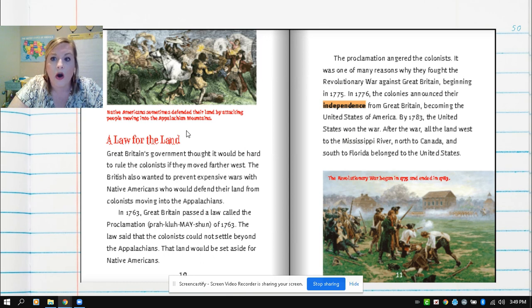After the war, all the land west to the Mississippi River, north to Canada, and south to Florida belonged to the United States. In our captions over here, it says Native Americans sometimes defended their land by attacking people moving into the Appalachian Mountains. And our other caption is the Revolutionary War began in 1775 and ended in 1783.